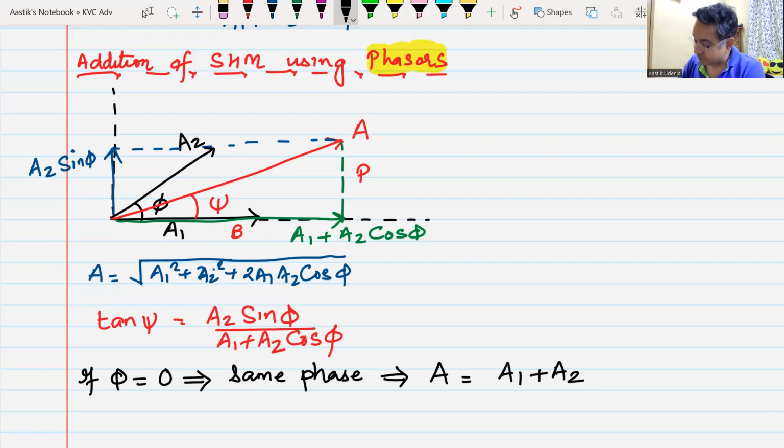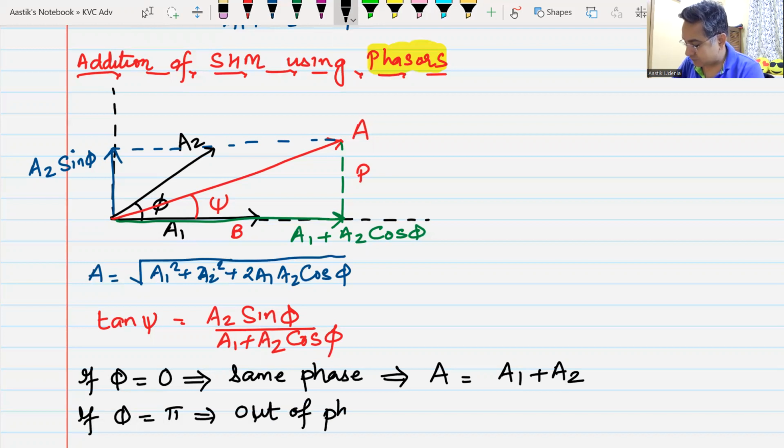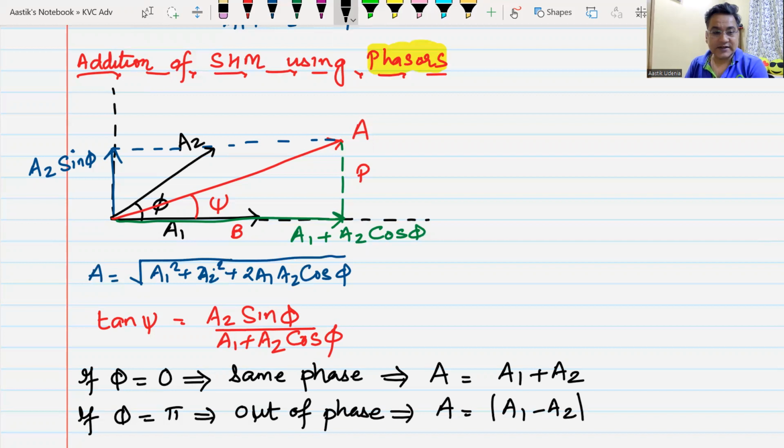If phi is 180 degrees or pi, they are out of phase, exactly opposite of each other. Then A will become the magnitude of A1 minus A2. If A1 is bigger, it is A1 minus A2. If A2 is bigger, it is A2 minus A1. Do we understand this?